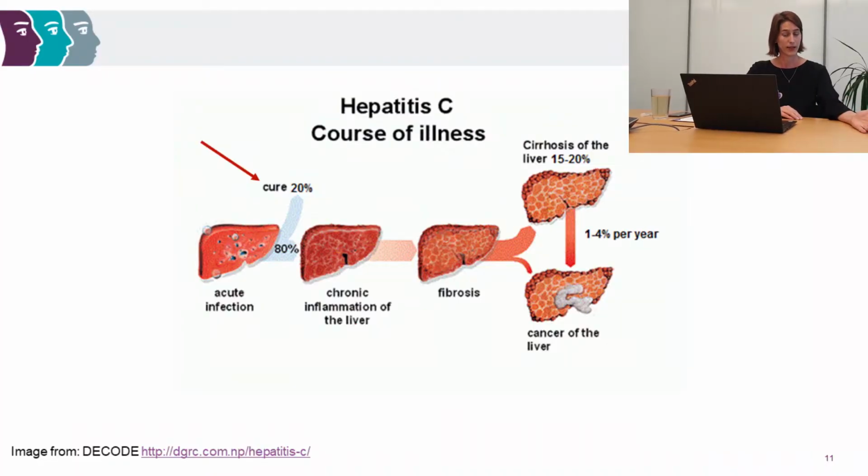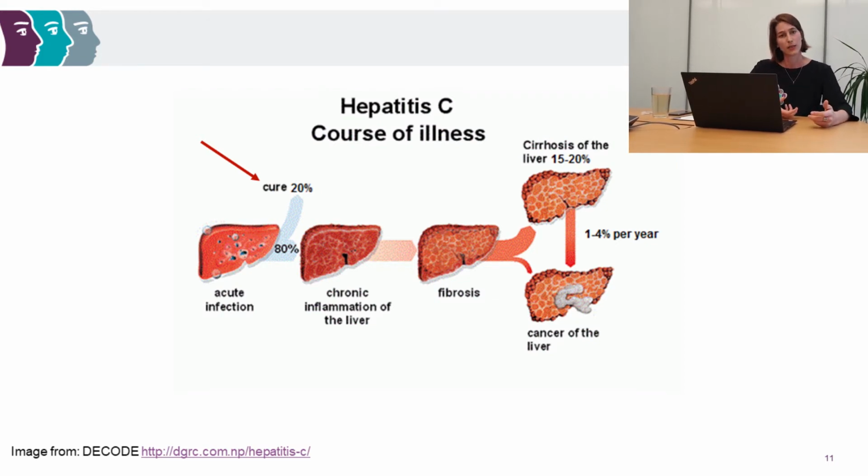To understand the WHO testing algorithm, it's important to understand the progression of hepatitis C illness. So when a person is infected with hepatitis C, it usually starts off with an acute infection. This is a quick onset infection.